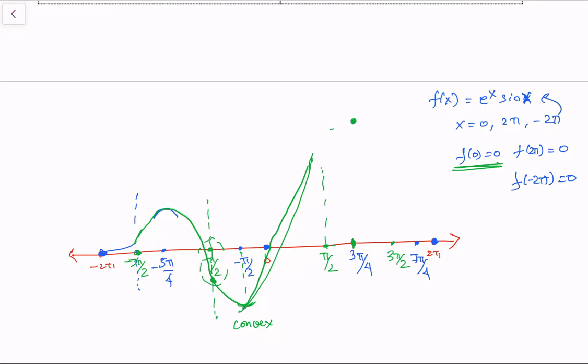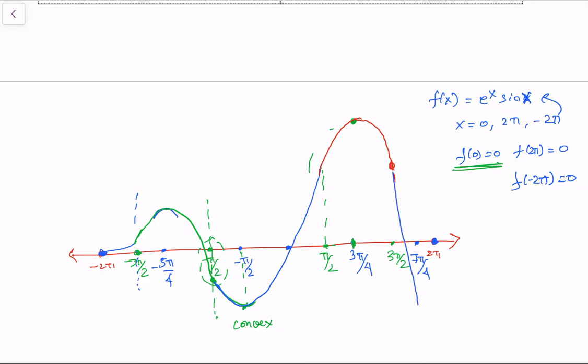Actually, if we change the 0 point, it will be easier. Let me change the 0 point. So up to here, the function is like this. Okay. Now, at pi by 2, the convexity changes. So it becomes somewhat like this. And again, at 3 pi by 2, the convexity changes, and it becomes convex here.